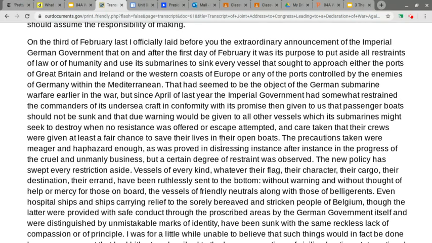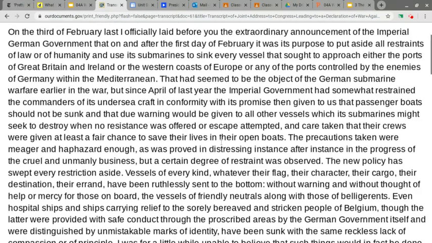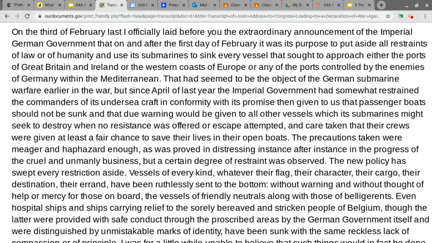But since April of last year, the imperial government had somewhat restrained the commanders of its undersea craft in conformity with its promise, then given to us, that passenger boats should not be sunk and that due warning would be given to all other vessels which its submarines might seek to destroy when no resistance was offered or escape attempted, and care taken that their crews were given at least a fair chance to save their lives in their open boats.